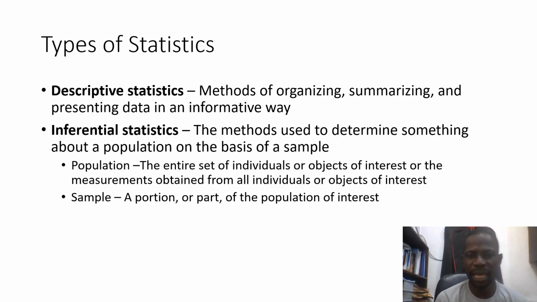But when you decide to select part of a population to study, that part is called a sample. There are instances where whatever we find out from that sample, we infer to the entire population. Then we are talking about inferential statistics.